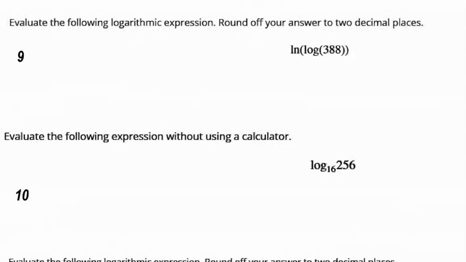And you should get, to 3 places, 0.951. They want you to round to 2 decimal places, so that would be 0.95. Hopefully you're able to use your calculator properly. Know your instrument.